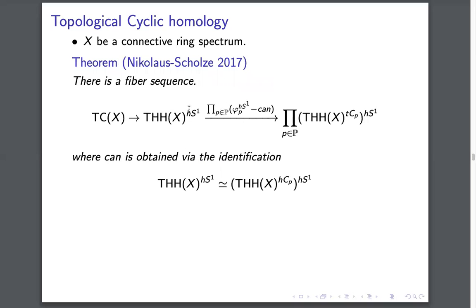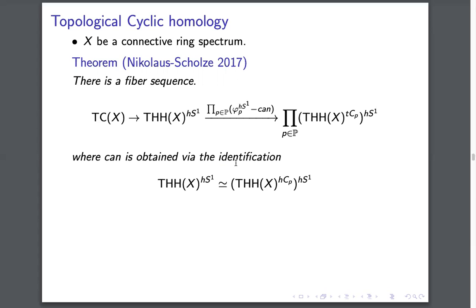One can define it as the fiber of this map from the homotopy fixed points of THH to this product, which is taken over all prime numbers, where you first take the CP Tate construction and then take the homotopy fixed points. And this map is given at each prime by the subtraction of the Frobenius with what's called the canonical map. I already told you what Frobenius is, and then you apply the homotopy fixed points functor to this map.